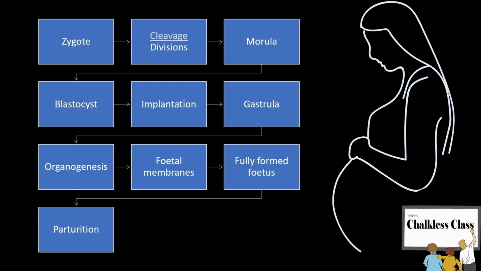At the morula stage, the embryo enters the uterus and develops into a blastocyst. The blastocyst sinks into the uterine lining to get nourishment from the maternal side. This process is called implantation. The implanted embryo undergoes many changes and acquires the germinal layers, in a process called gastrulation.